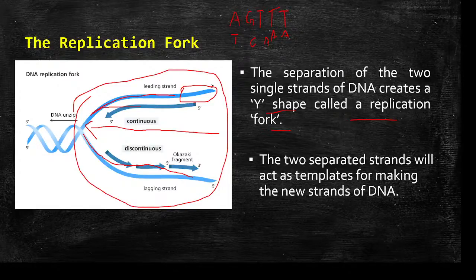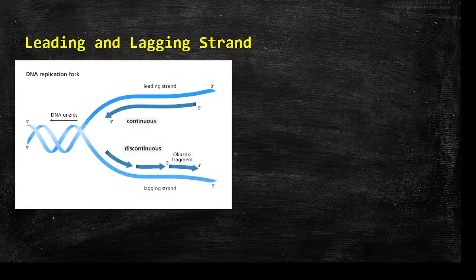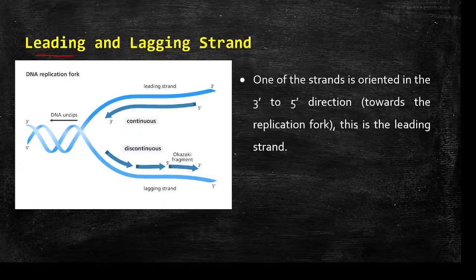The separation of the two single strands of DNA creates what? A Y shape called a replication fork. These two strands will act as templates for new strands of DNA. Here these two strands are categorized into two different strands, a leading strand and a lagging strand.